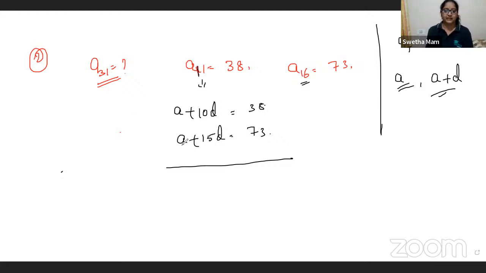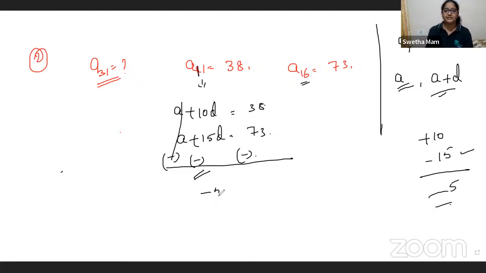Here we have A in both. So just subtract the first equation from the second. We can cancel A and minus A. Then you have to consider the minus sign. Plus minus means you have to subtract. The big number has the minus sign.